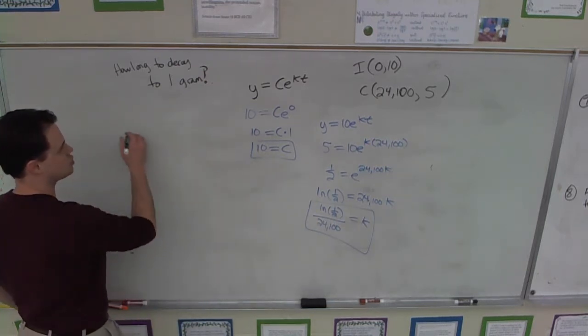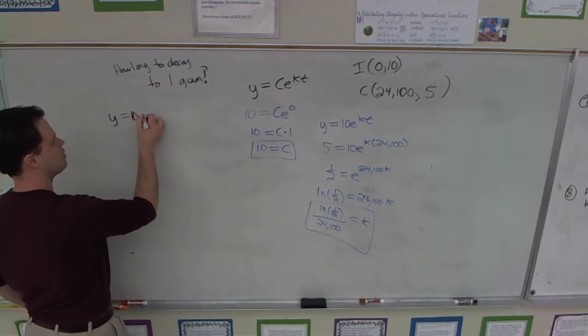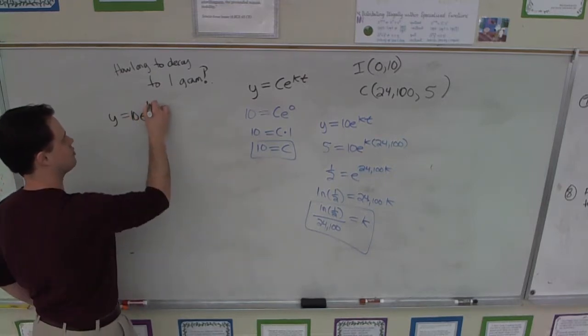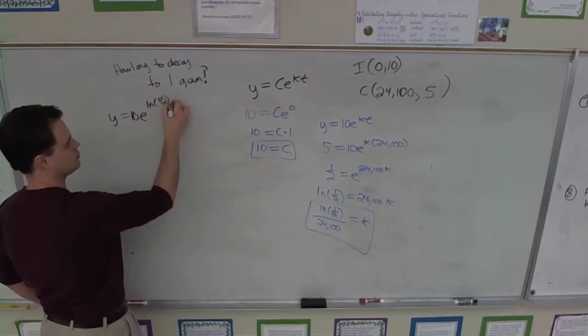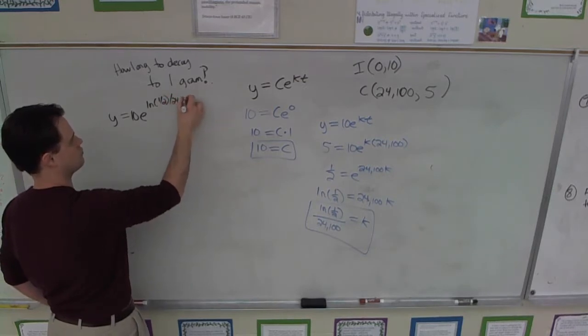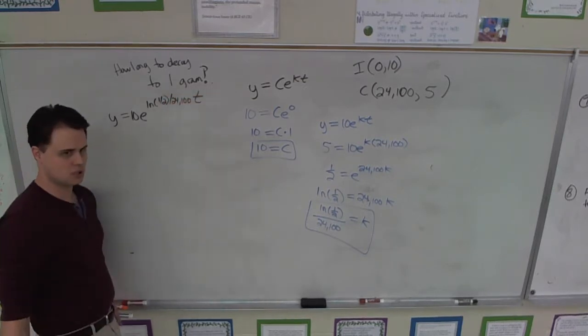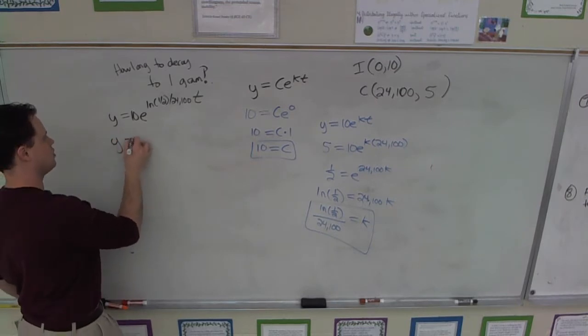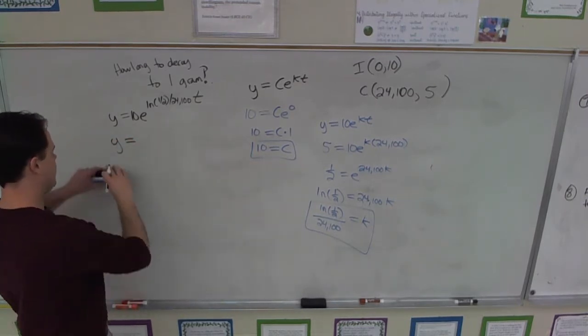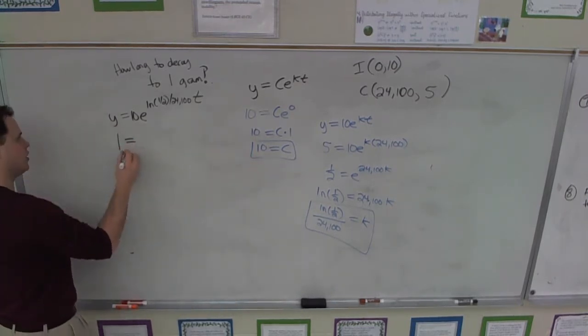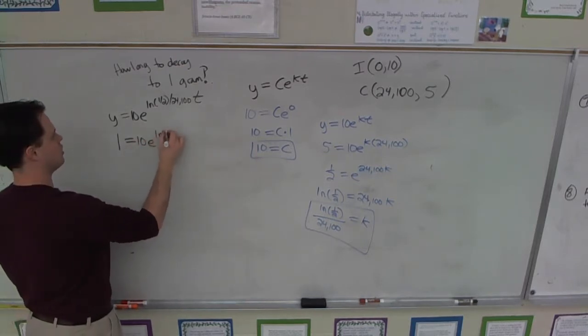We say, okay, there's our function. y equals 10 e to the that stuff times time. There's the particular solution. So I'm going to say, if I want 1 gram left, that is my y that I put here, and I can solve for time.